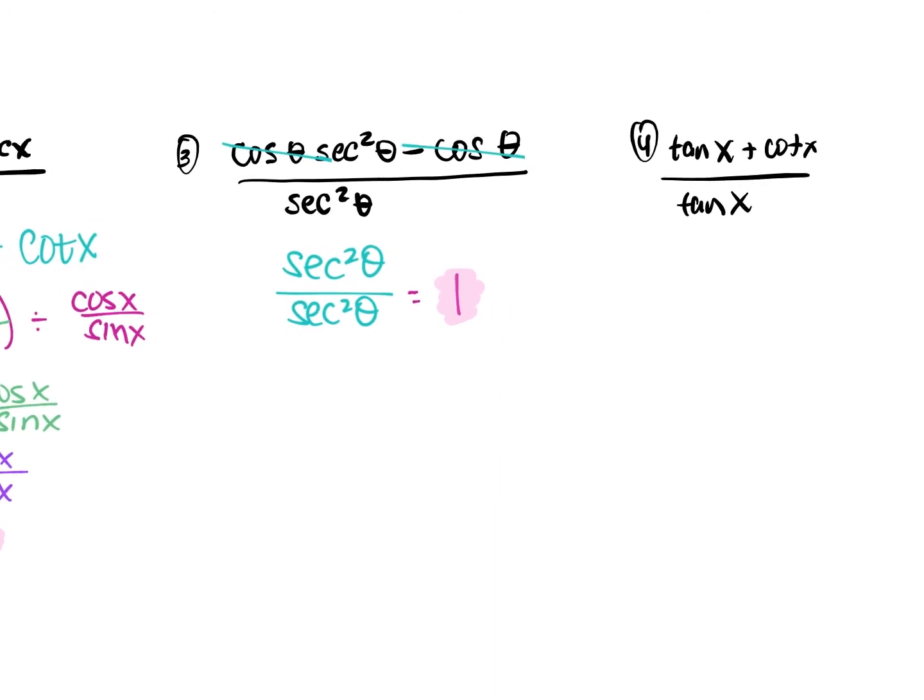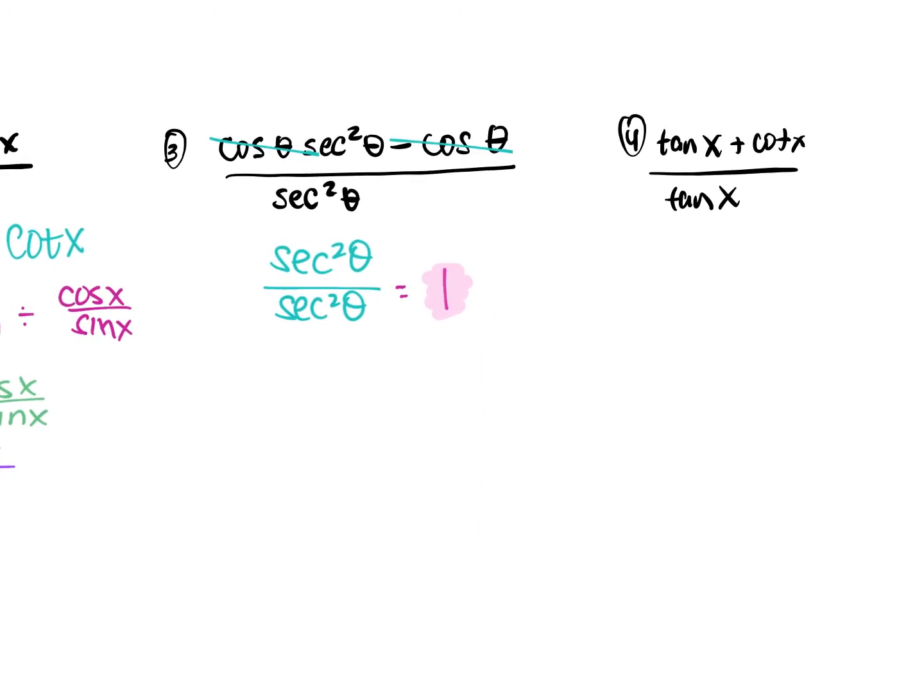For number 4, you're given tangent x plus cotangent x all over tangent x. I would first write this as a division problem. So you have tangent x plus cotangent x divided by tangent x. In terms of sine and cosine, because they are simpler than tangent and cotangent, what is tangent? Sine over cosine.